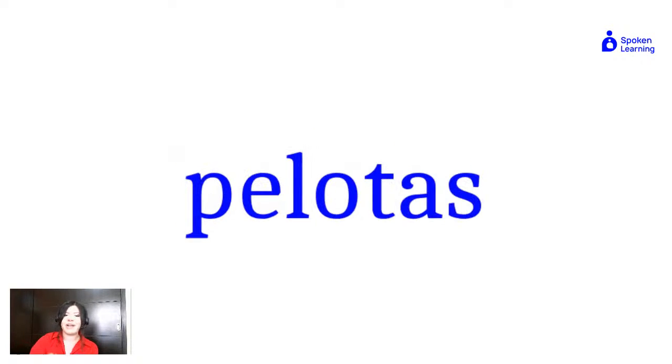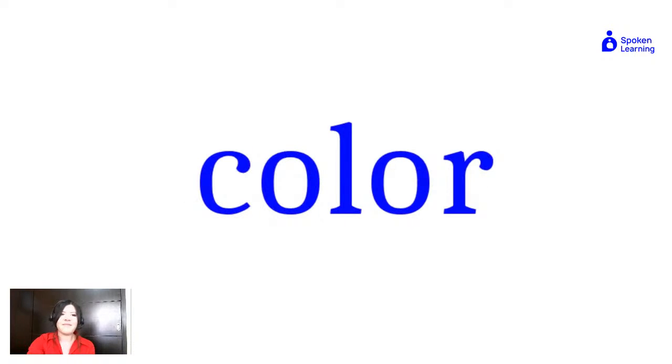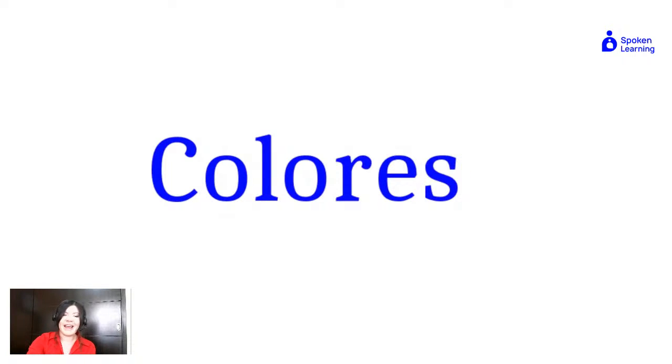Así es, el plural de pelota es pelotas porque termina en una vocal. Entonces añadimos solo una S al final. Pelotas. ¿Cuál es el plural de color? Así es, el plural de color es colores.